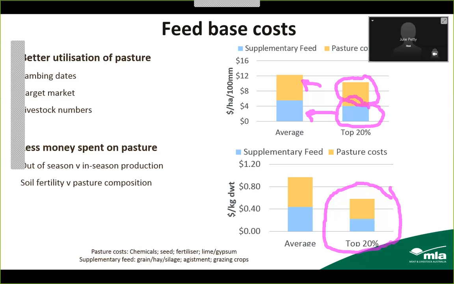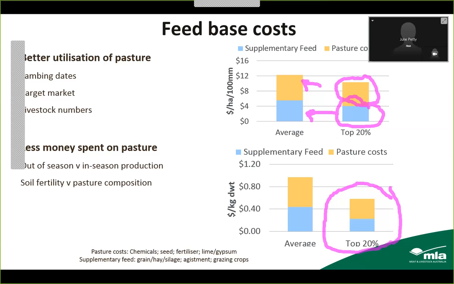So, sometimes you need to spend more to get commensurately more production, but not always. So mainly through lower supplements, in this case, lower feed costs per hectare, and that might be because of reduced supplementary feed, and that's where systems tend to have their biggest impact, is in the feed-based costs.